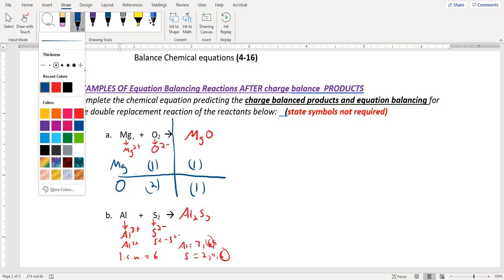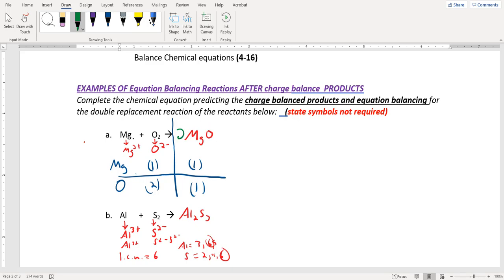I'll use a green pen. In this case, we put a 2 right in front. That multiplies both the magnesium and oxygen. So on the right-hand side, we have 2 magnesium, 2 oxygens.